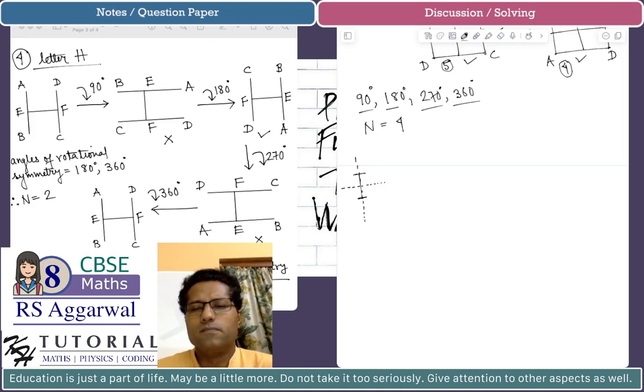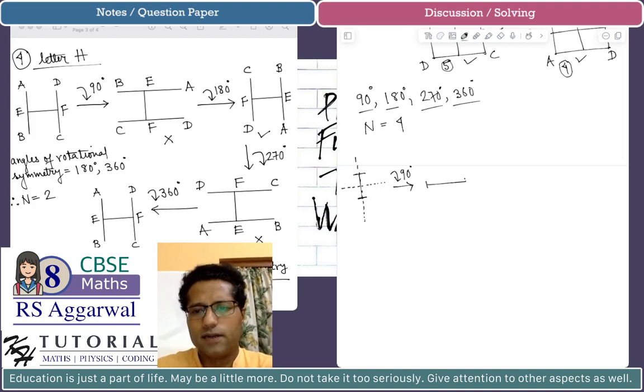Now, if you rotate the letter I 90 degrees clockwise, you will see that the letter I has become like this, which is not looking identical.